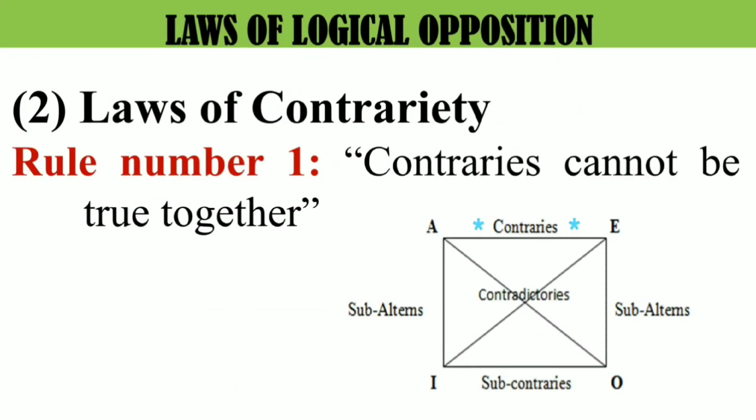Number 2 is the laws of contrariety, or contraries. Rule number 1: contraries cannot be true together. Contraries can be found at the top of the square.